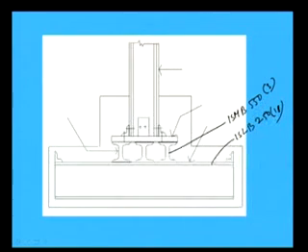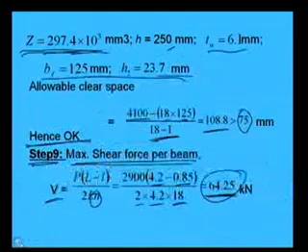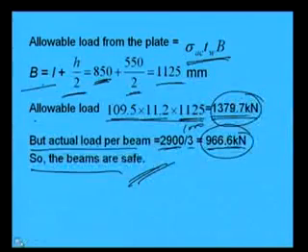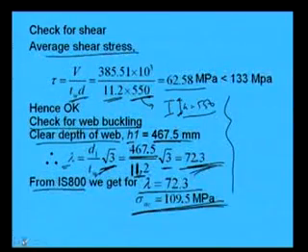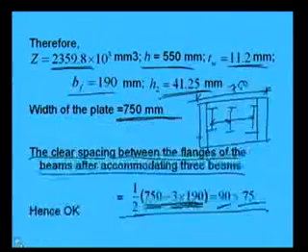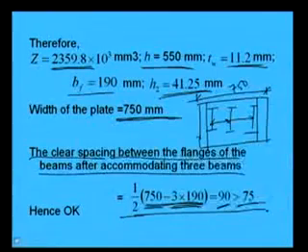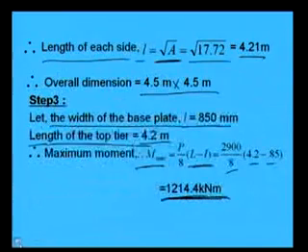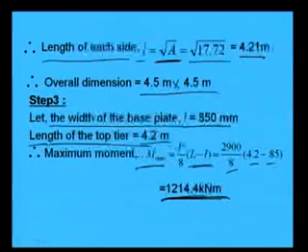And what else do we know? We have calculated the base plate size. The width of the base plate is 850, and the length of the top tier is 4.2 meter.